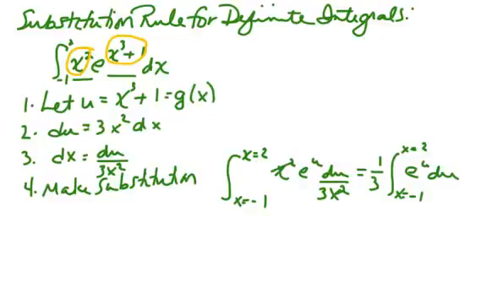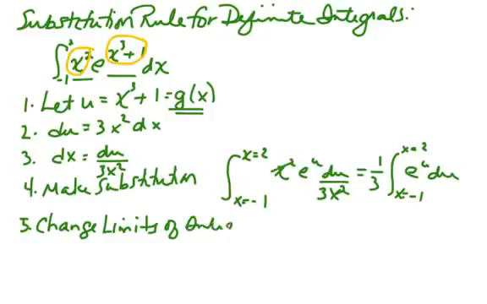So what we're going to do to change the limits of integration, which is our fifth step, we're going to plug in the x values into this function g of x and get them in terms of u. So we're going to change the limits of integration to be in terms of u. Whatever you let u equal, you've got to go back and put the x's in there for the limits of integration to get a value for them.